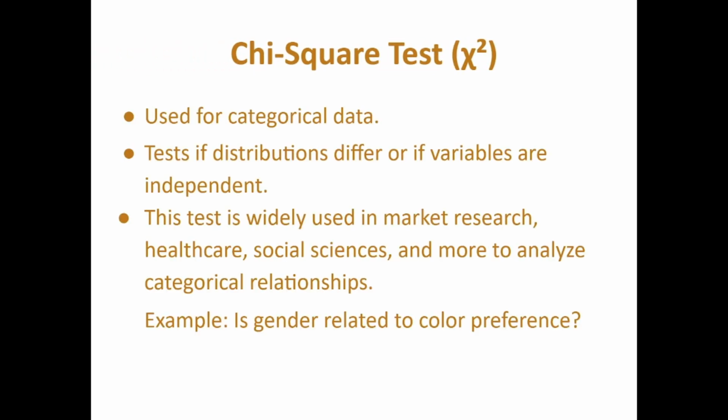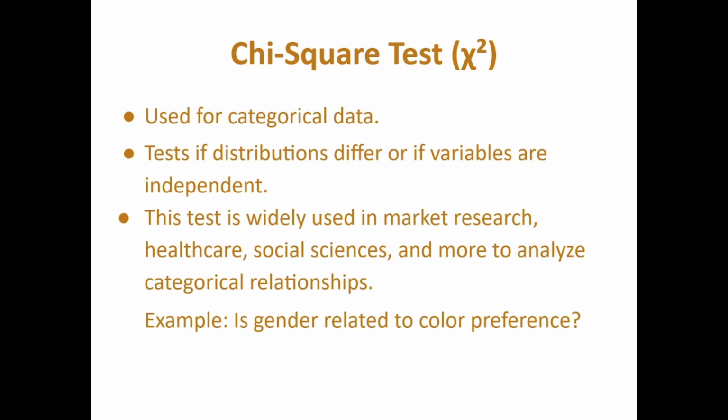Now I will give a brief overview of the chi-square test, how it is performed and what factors we need to consider. The chi-square is a non-parametric test which is used to determine whether there is a significant relationship between two categorical variables, or in mathematical terms, whether the observed frequencies differ from expected frequencies or not. What is observed?